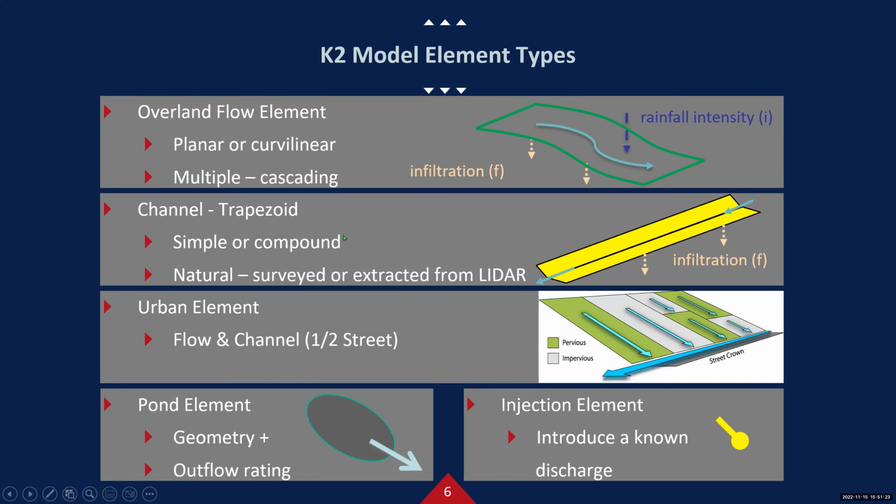We typically use a trapezoidal channel. That's the default, but we can do a compound channel, and we can also do natural channels now that either have been surveyed out in the field or extracted from LiDAR data. These give you a better representation.